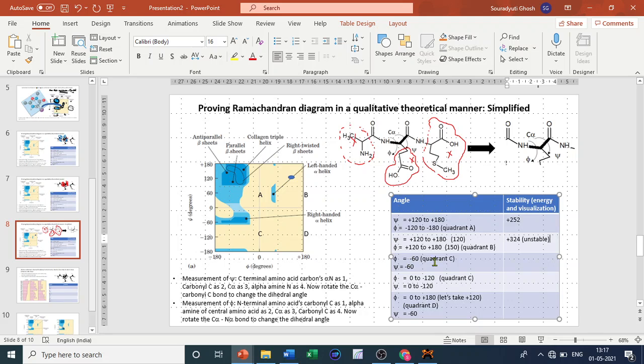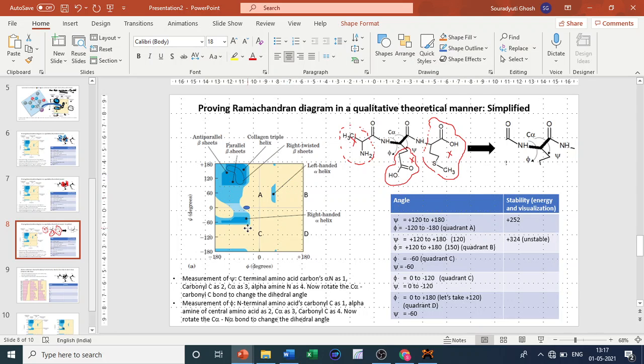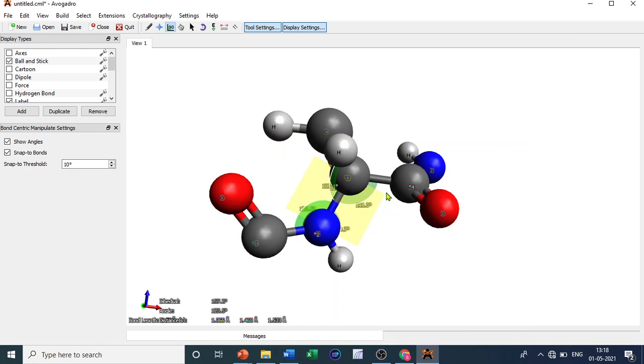Now let's try this at minus 60 for phi and minus 60 for psi. So minus 60 for psi is right here, and minus 60 for phi is right here. So that should give us somewhat of a stabilization. So this is the area we are talking about. So minus 60 for phi, minus 60 for psi. Okay, so let's change it. So right now we have the phi selected already.